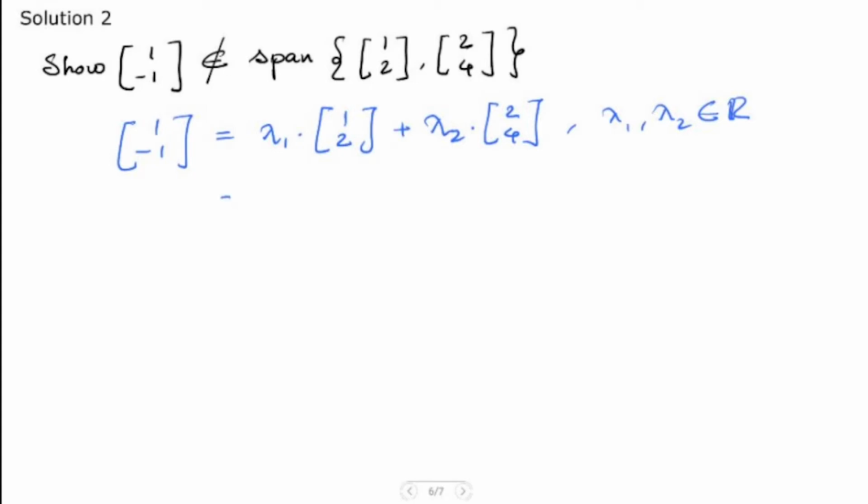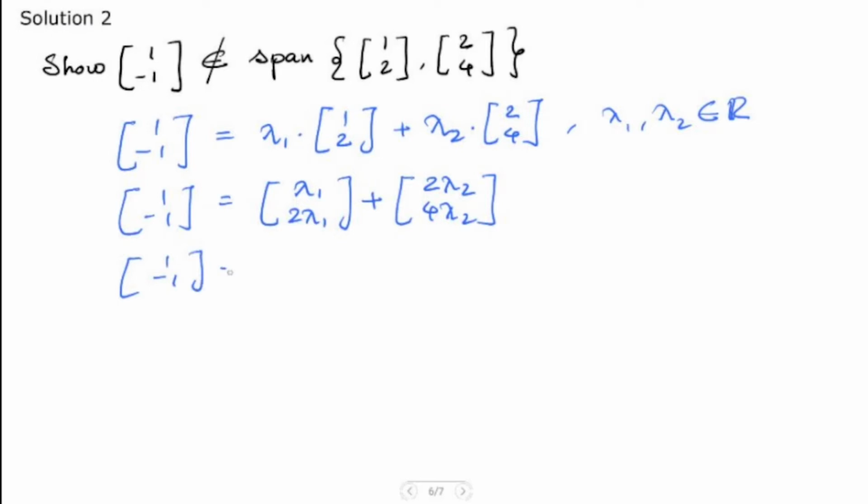Now, let's solve this a bit further. Here we would have 1 times lambda 1 and 2 times lambda 1, plus 2 times lambda 2 and 4 times lambda 2. That's equal to (1, -1) here.